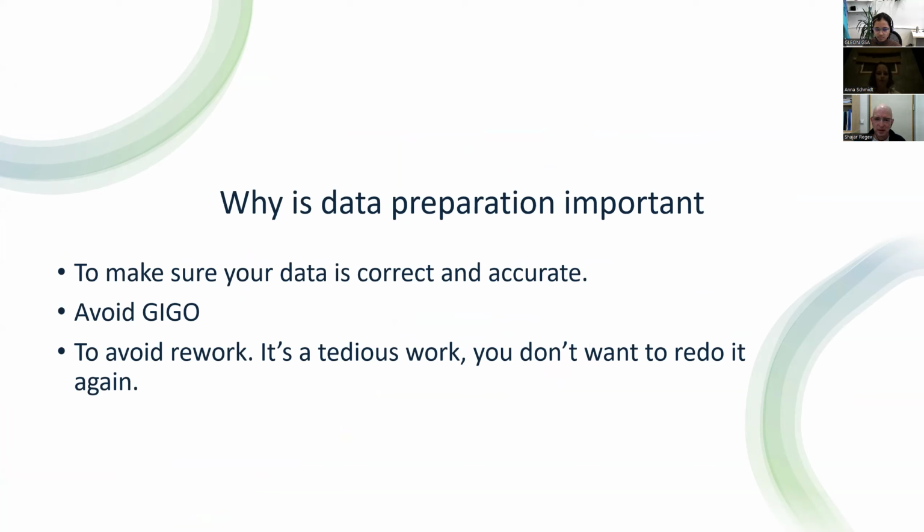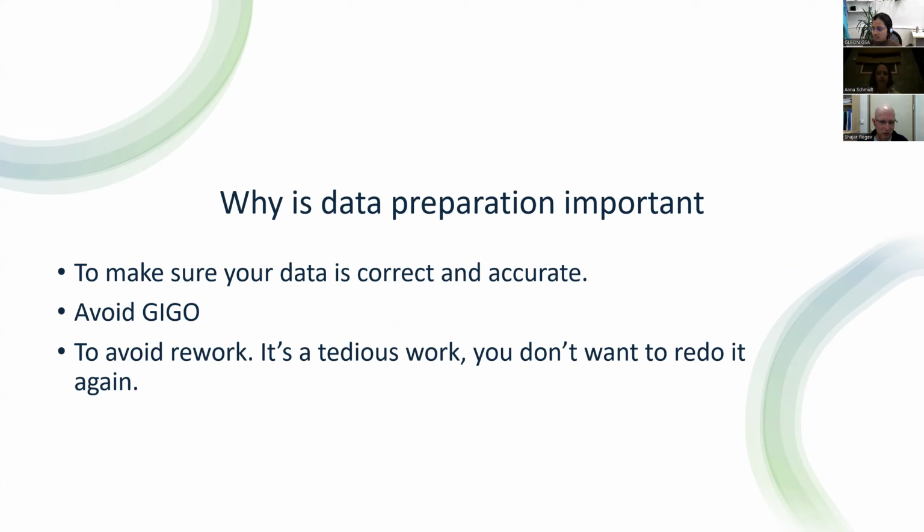So first, why is data preparation important? First, to make sure your data is correct and accurate. This is the most important thing. And then to avoid GIGO. GIGO is a shortcut for garbage in, garbage out, meaning that if your data is inaccurate, has mistakes, or, in other words, contains garbage, then the output of your analysis or your model will also have garbage.